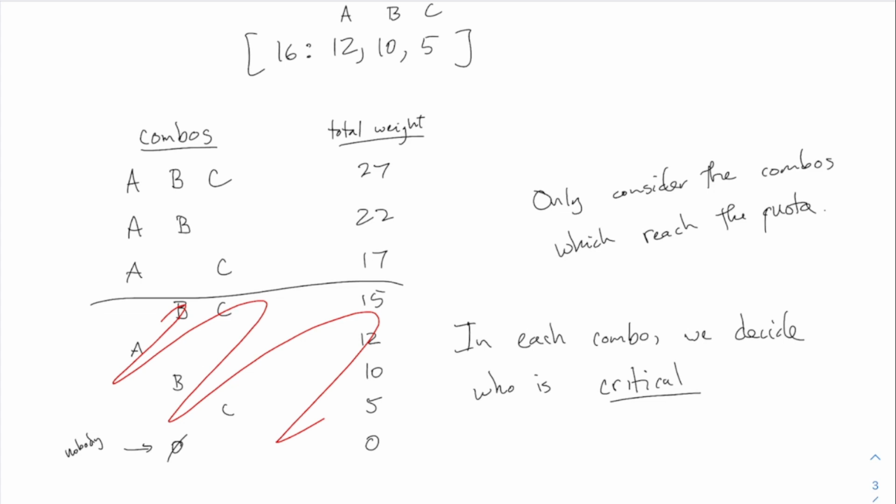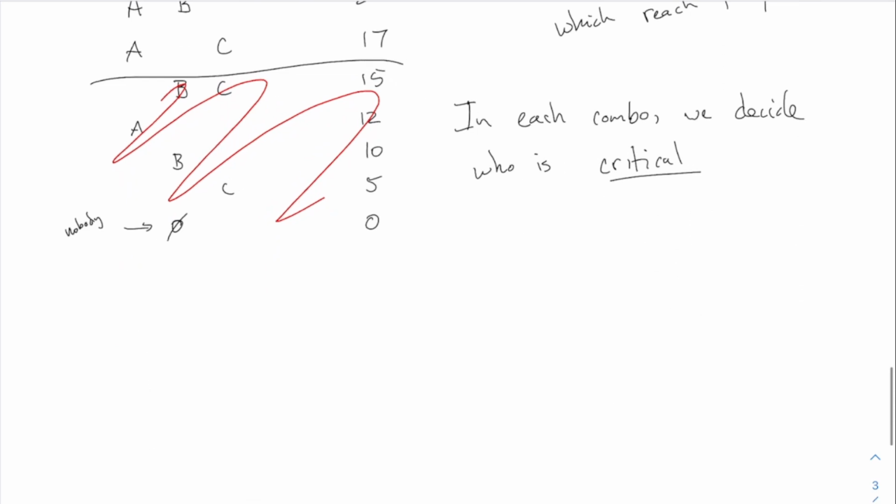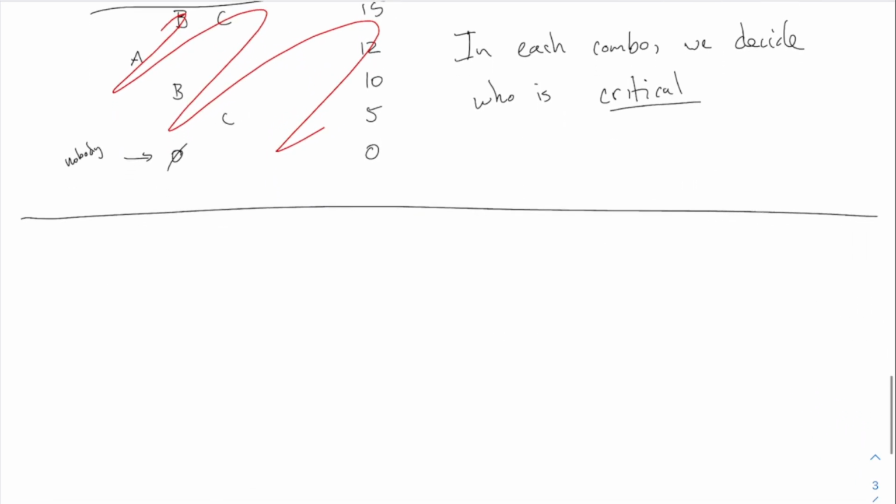And this will take a bit of explaining to talk about what actually does it mean to be critical. It's not the same as pivotal in the Shapley-Shubik, which is about adding them up in order, because these we don't consider the order to be important. So I don't think about this as like A, then B, then C. It's just all three of them together. Anyway, let's talk about what critical means. We'll come back to this example. I want to talk for a bit just to make sure everybody is clear on what critical means.